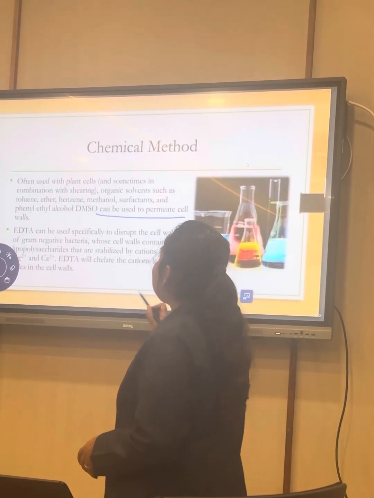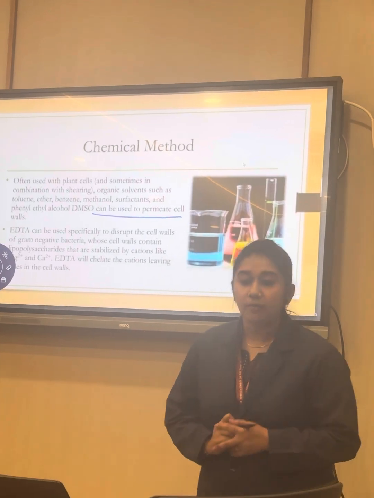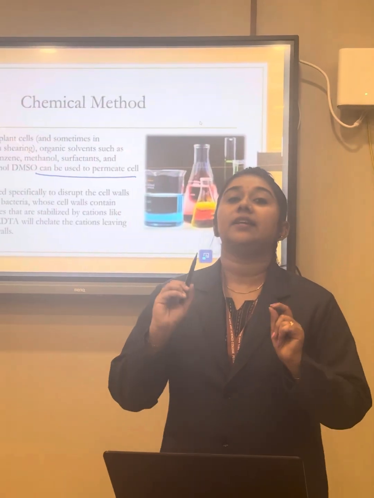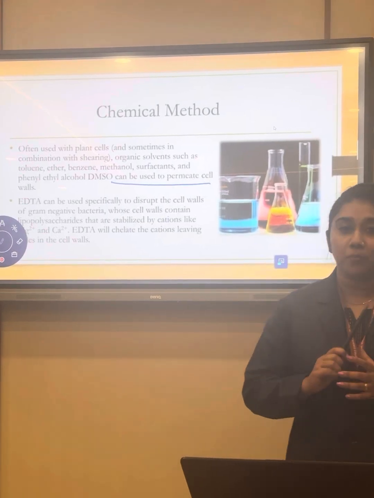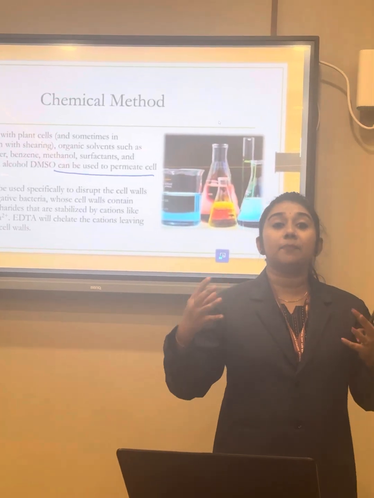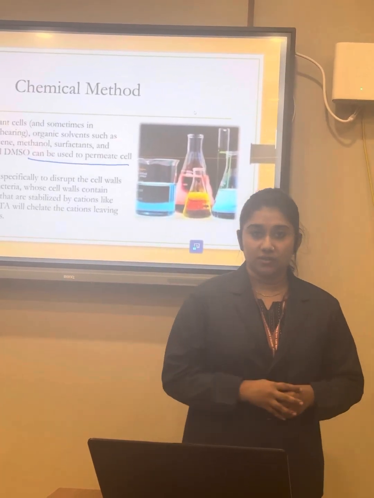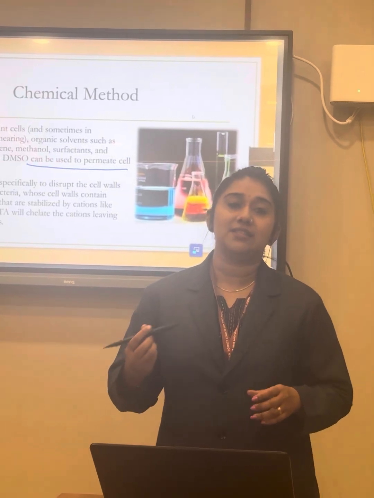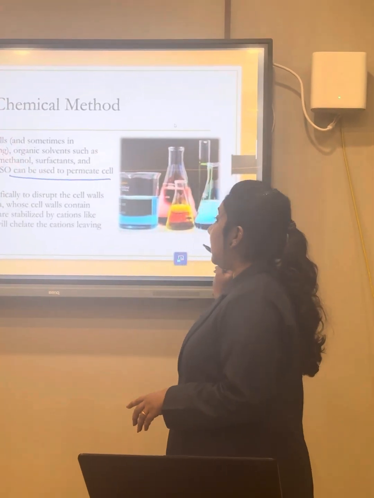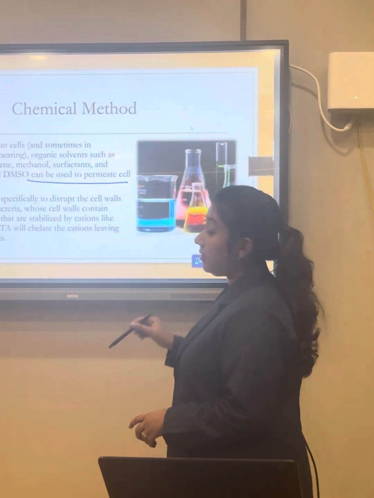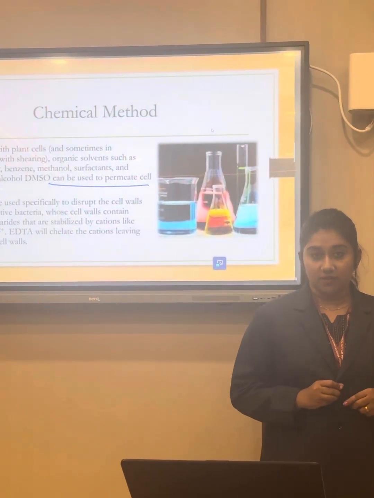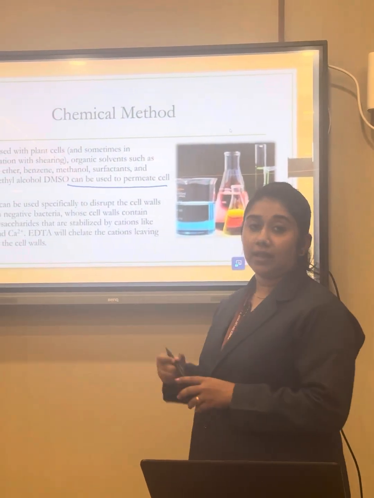EDTA disrupts the cell walls of gram-negative bacteria. Their cell walls contain lipopolysaccharides that stabilize cations like magnesium and calcium. So EDTA chelates the cations, leaving holes in the cell walls. This is the chemical method.